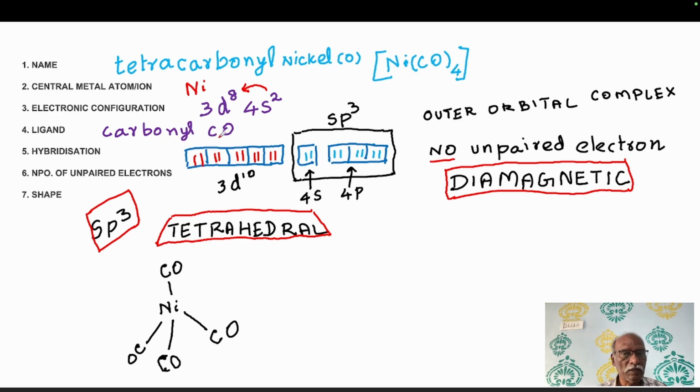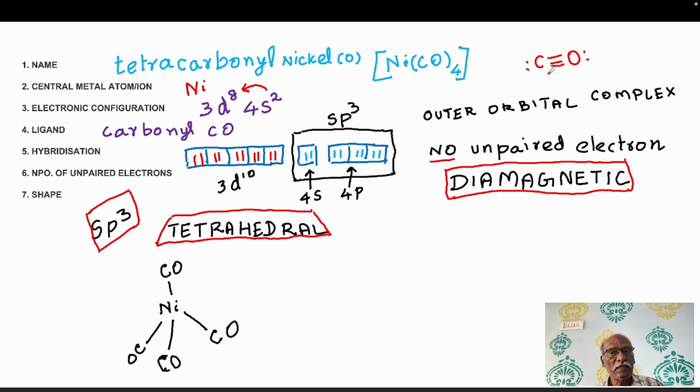It's a neutral molecule. But carbonyl CO is actually, this structure is this, and it has 1 lone pair of electrons. CO is capable of donating 1 pair of electrons to the central metal atom in the coordination sphere.